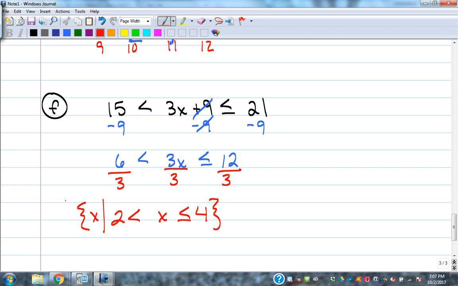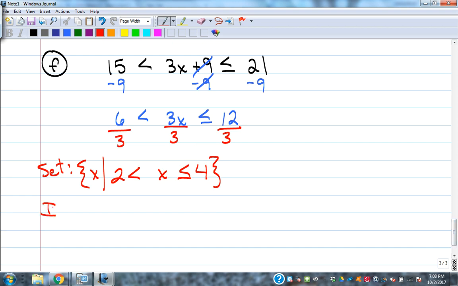Put the curly braces and the bar in there, and you've got the set notation. Interval notation: parentheses 2, 4, bracket. Good job. Bracket on the 4 because it's got an equal to mark.